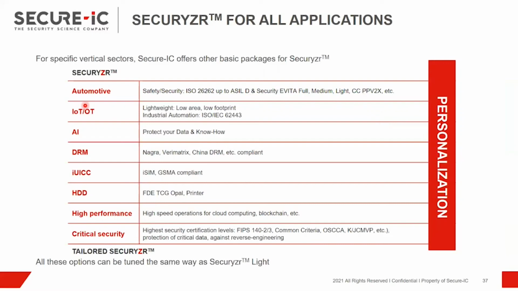In IoT, or in industrial automation, you also have specific standards, such as the IEC 62443, and you can have specific constraints relative to the footprint of the solution. In some other markets, you have specific standards, specific performance requirements, etc.